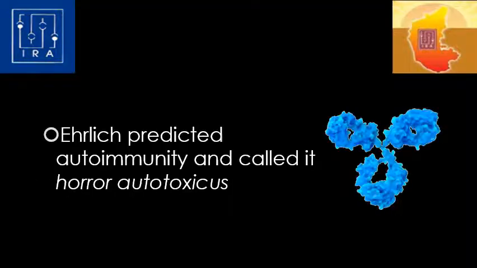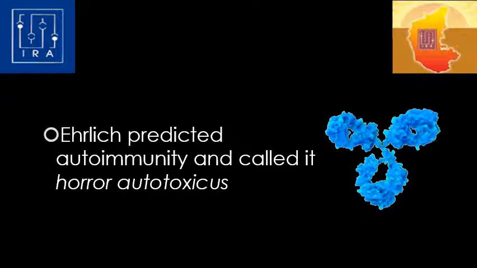This is not a new concept. It evolved as early as Paul Ehrlich's time in the 1800s. That's the time when Paul Ehrlich predicted the possibility of autoimmunity, which he called horror autotoxicus. Self-toxicity or self-damage is something which can almost go like a horror, a horrifying episode, which itself can kill or damage the patient.